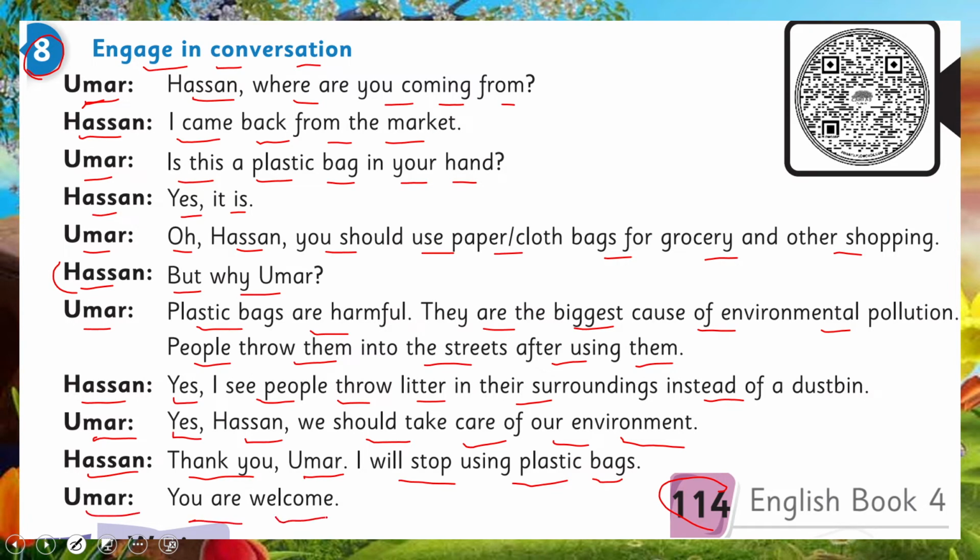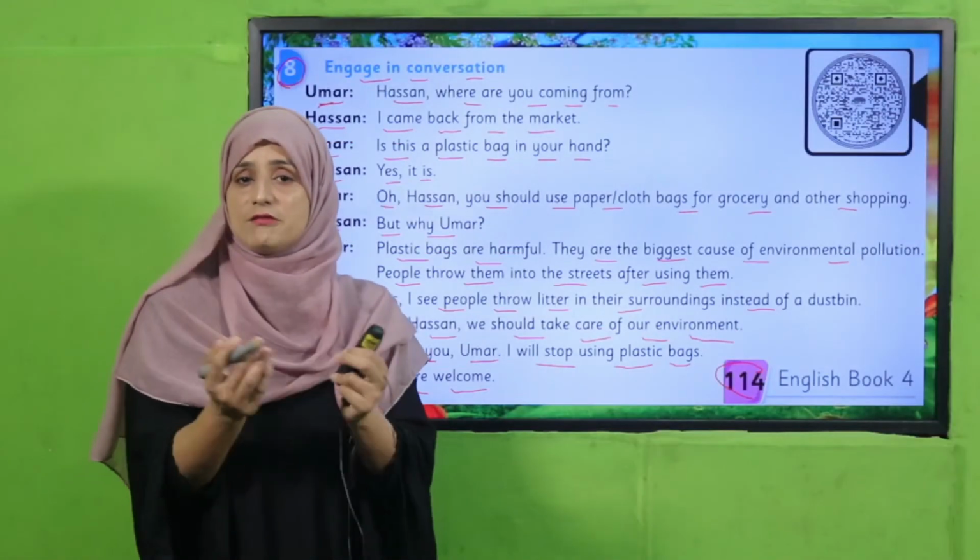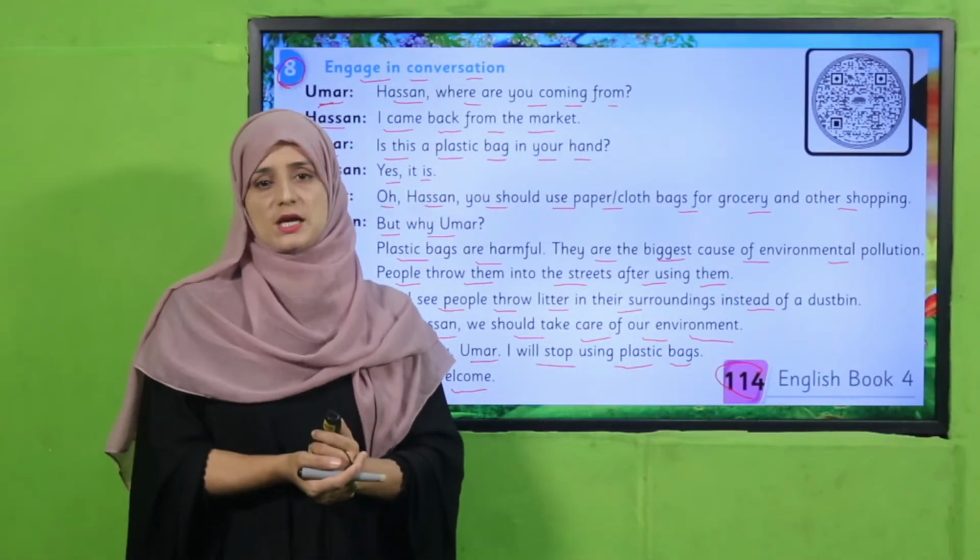Umar: You are welcome. So have you got, my dear students, how these two people give information and instructions to each other, and how they accept it, and they listen carefully and politely? Also, if someone is giving instructions or relevant information, we must act upon it.